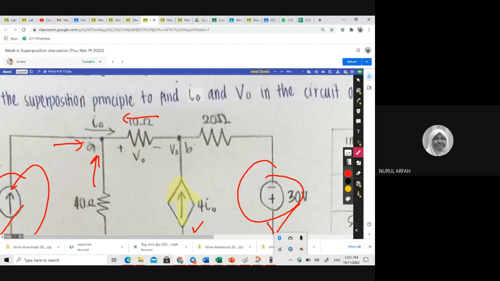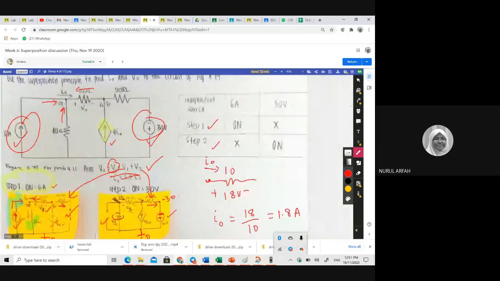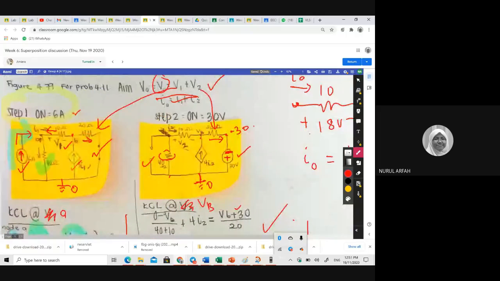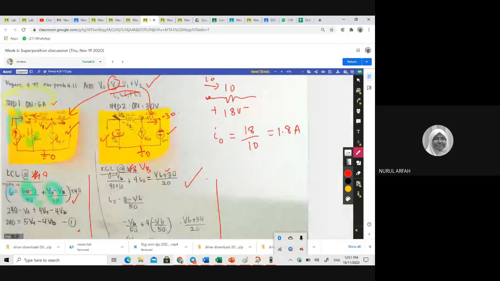Okay, no problem. So you're going to have an equation like this: 6 plus, not VA, minus 6 plus, because right now you're going to have all entering.